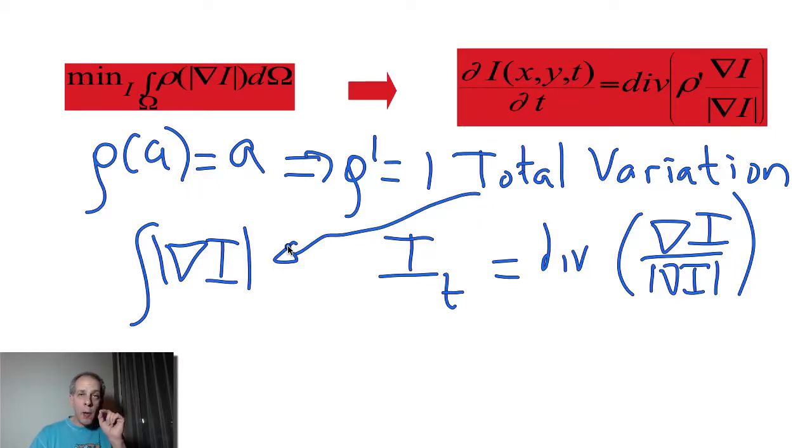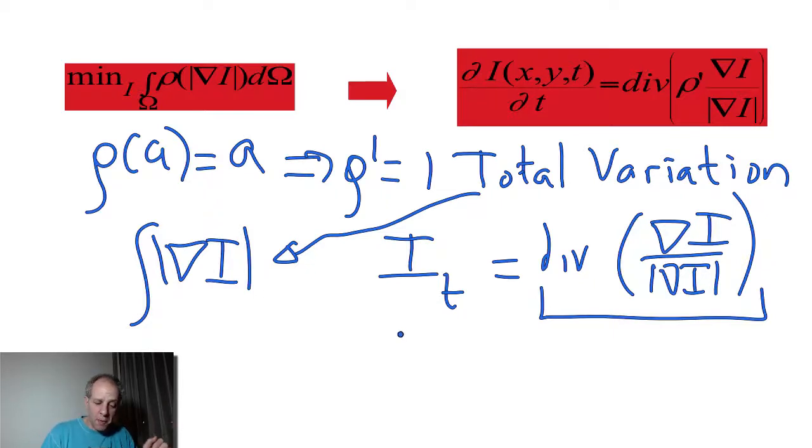And now I want you to think for a second. What is this? We learned it a couple of videos ago. This is the curvature of the level lines of the image I. We actually used it as a generic function, we used phi in that case.